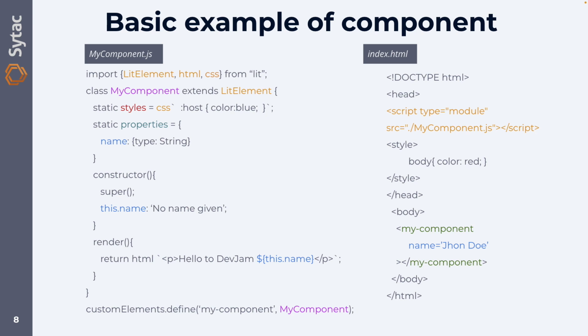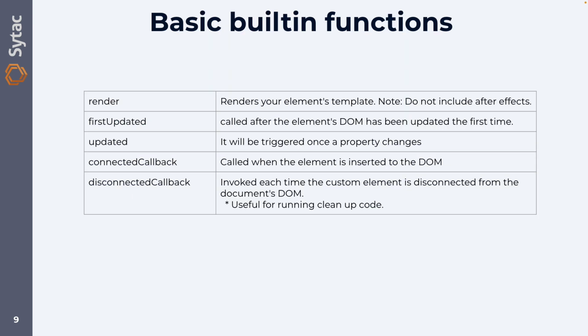All right, yeah. Okay, so a few of the most important functions that I learned is the render, of course. You need the first updated. This is very important when you need to initialize things, after you have updated the DOM.